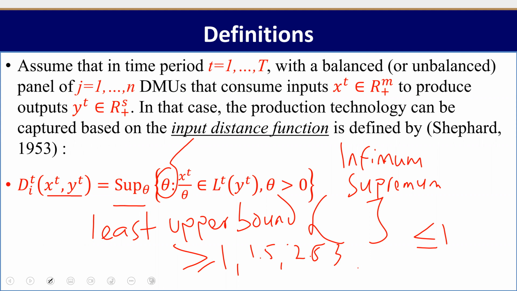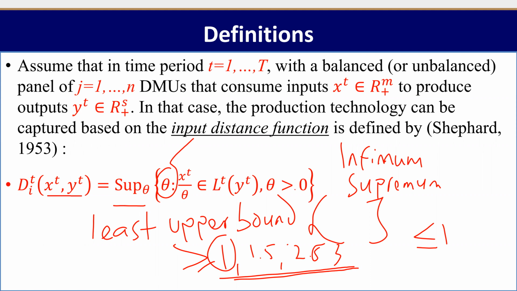Now, the distance function is a reciprocal. So when you look at this, okay, there are upper bounds for the distance function, but the least of these upper bounds is 1. So you are using the supremum to capture the least of the upper bounds.